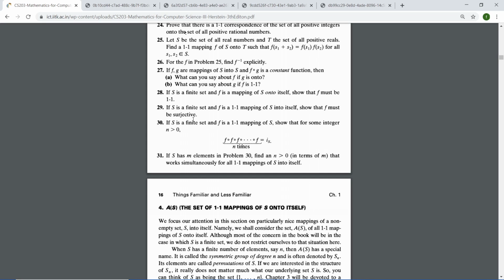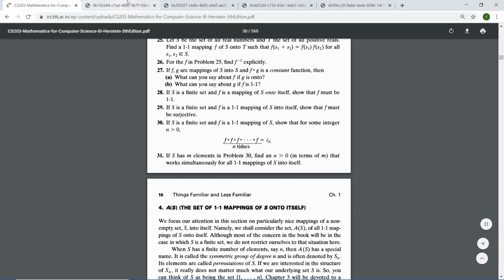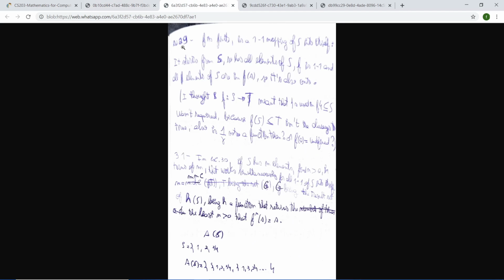funny thing, first I did exercise 29, you can see it here, and it was pretty simple. The reason why I had some questions about exercise 30 was that, for example, if f is a function from S to T, then it means that not all elements of S are used in this function.